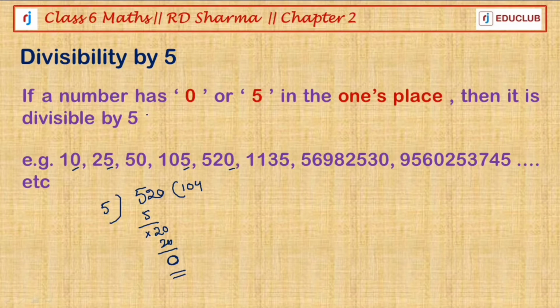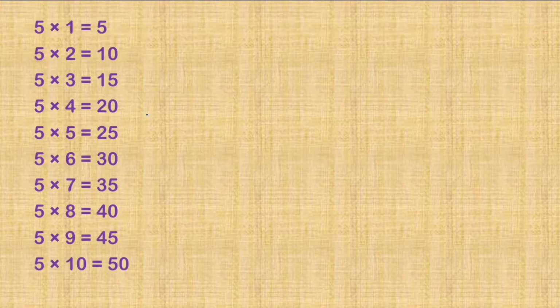So any number having 0 or 5 at the ones place is divisible by 5. You can see the table also. At the units place, ones place, always 5 will come or 0 will come. So if any number has 0 or 5 at the units place, then that is divisible by 5.